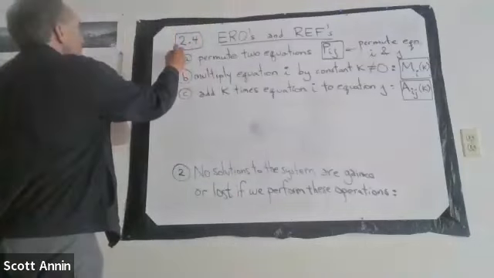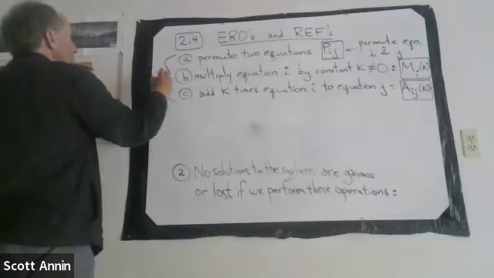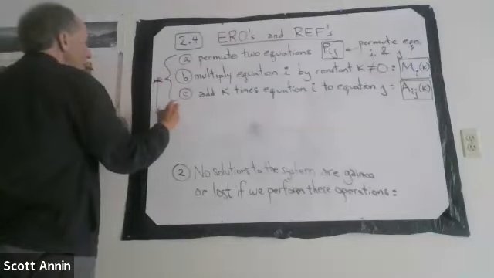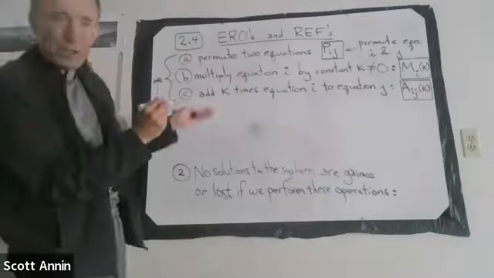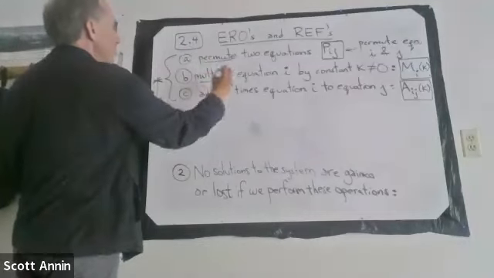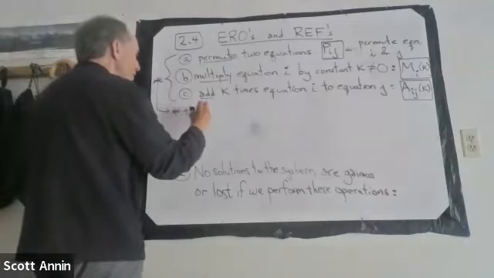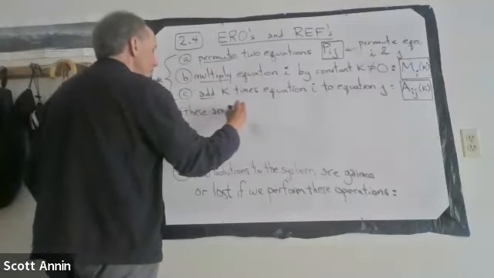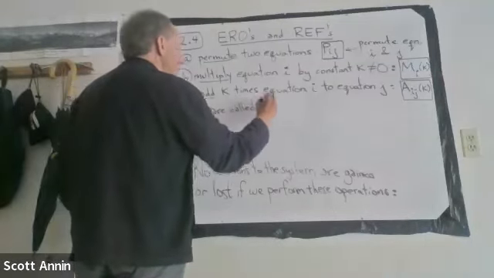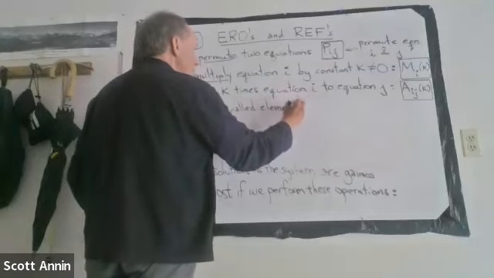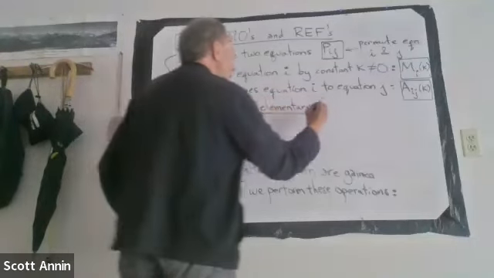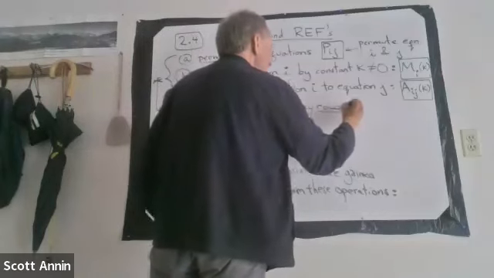I want to make a note here, put a little star here, that these three operations, permuting, multiplying, or adding, these are called elementary row operations. Okay?